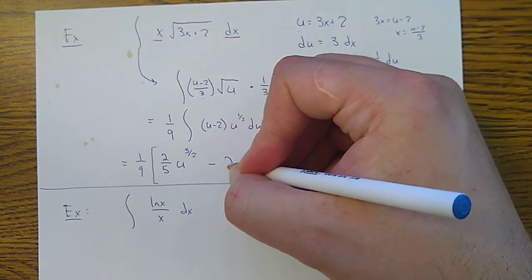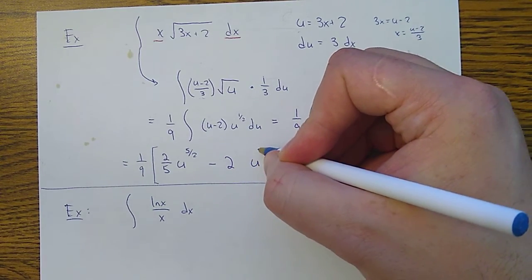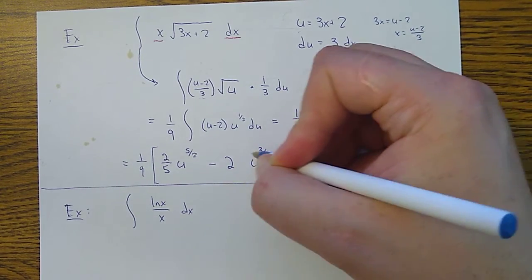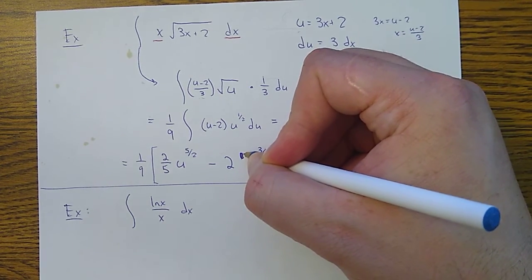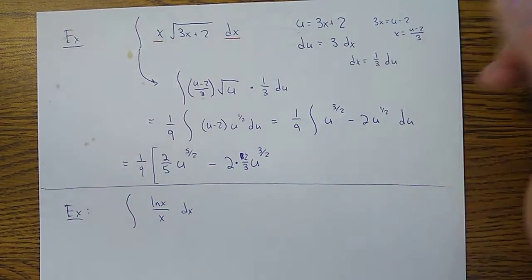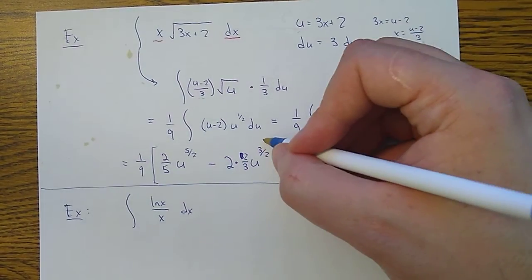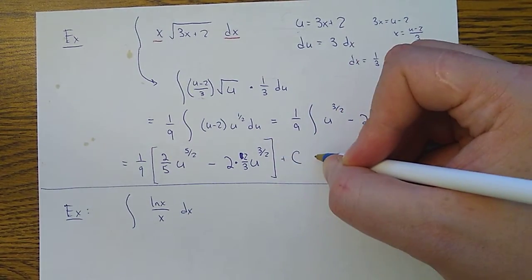Then minus 2, because this 2 carries right down, and then I should have u to the 3/2, but I'm also supposed to divide by 3/2, which is the same as multiplying by 2/3. And I should write plus c.